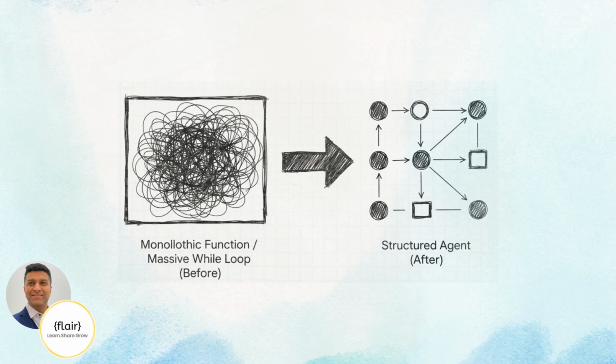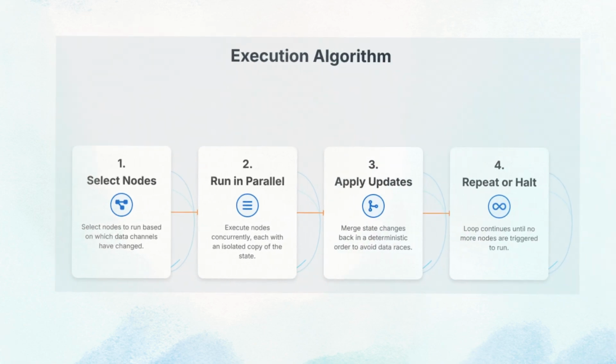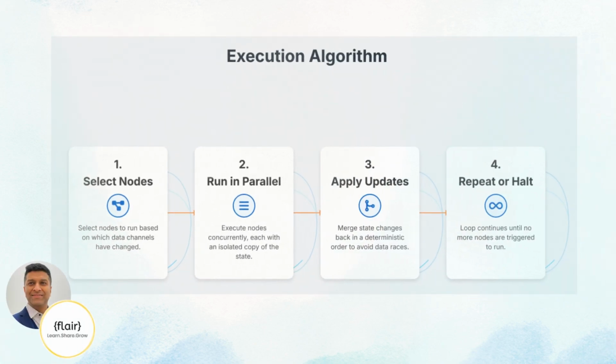So, how does this thing actually run? It's pretty cool actually. It uses an algorithm inspired by Google's Pregel system for processing massive graphs. Here's the loop. First, it looks at the current state and figures out which steps or nodes are ready to run. Second, and this is key, it runs all of those ready nodes at the same time in parallel. Each one gets its own little sandbox to work in.